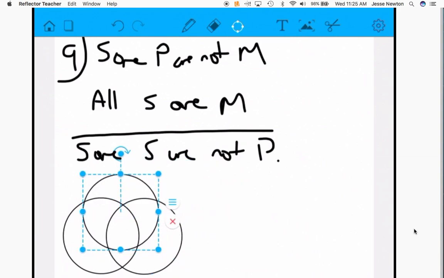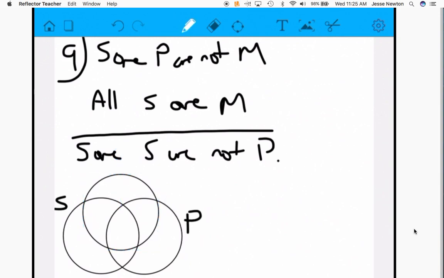I think that'll work. All right, and so we're going to S, P, and M. 1, 2, 3, 4, 5, 6, 7. My regions aren't exactly proportional here, but it really doesn't matter.